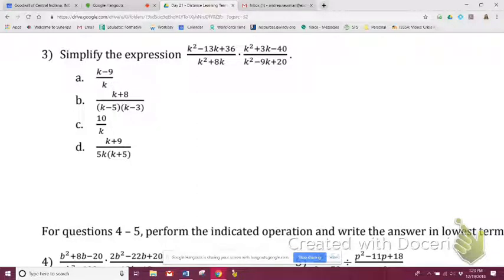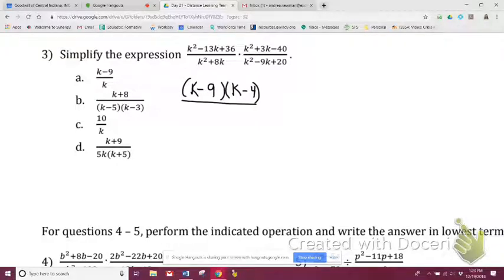So looking at your first fraction, the numerator, what did you get that to factor into? X minus 9, x minus 4. I'm going to use k's because that's what's in the problem. So k minus 9, k minus 4. If you have x's, that's fine.